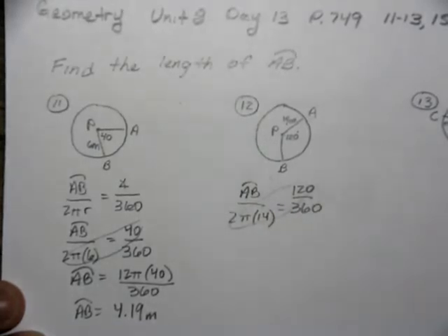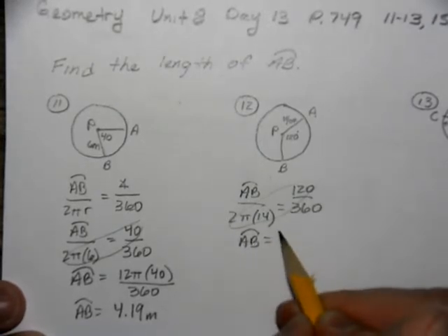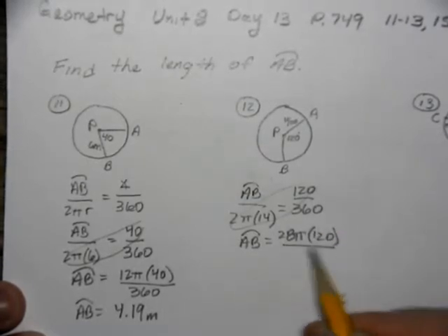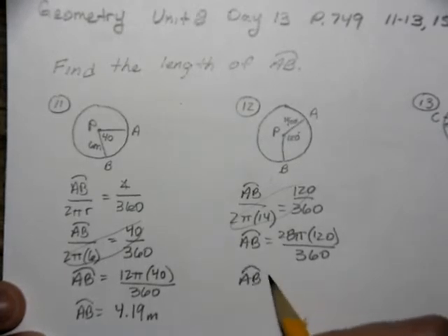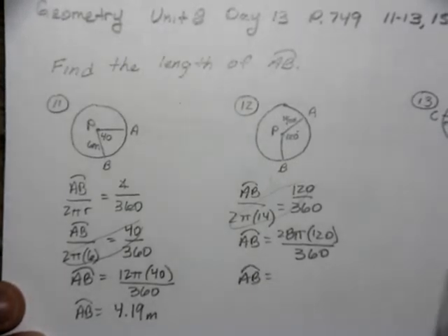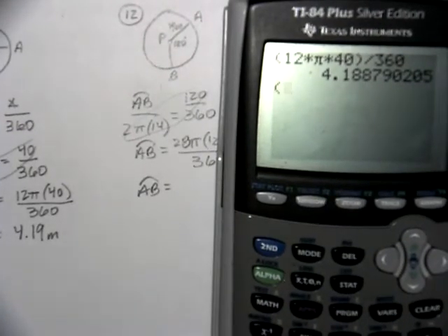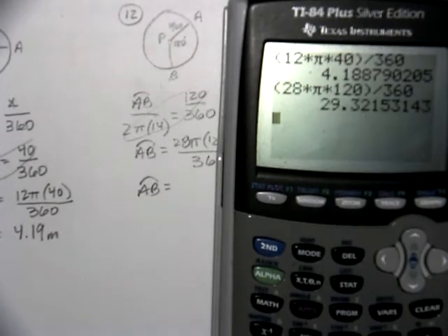We'll cross multiply and get arc AB equal to 28 pi times 120 divided by 360. And using our calculator, use parentheses, so 28 times pi times 120 divided by 360 is 29.32.